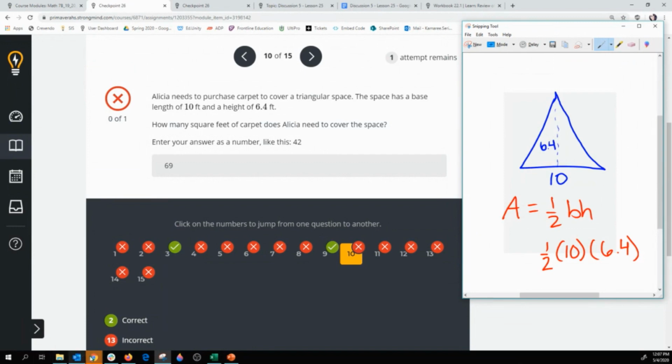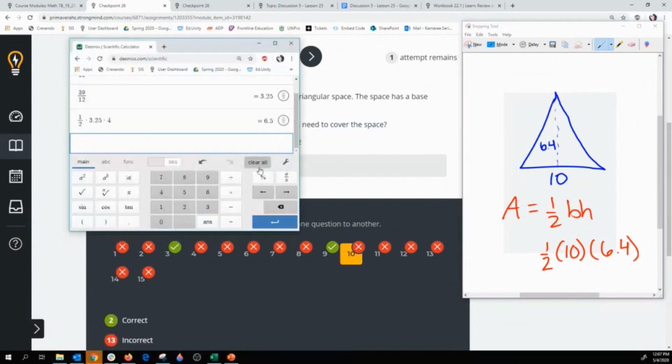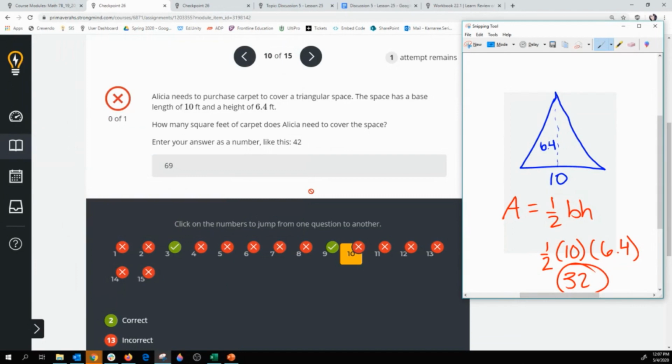And let's type this into a calculator. And we should get 32. So the area that is needed, or how many feet of carpet she needs, is 32 feet.